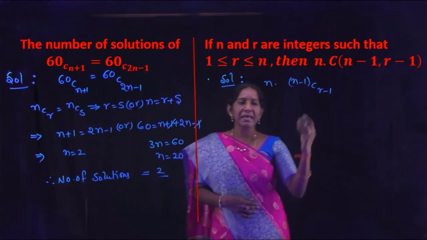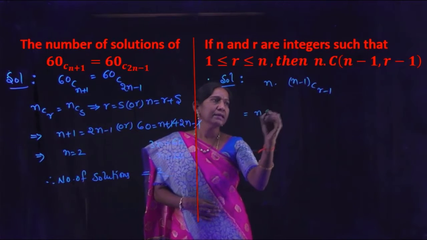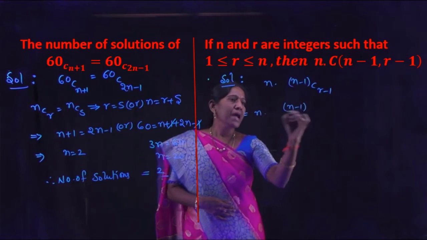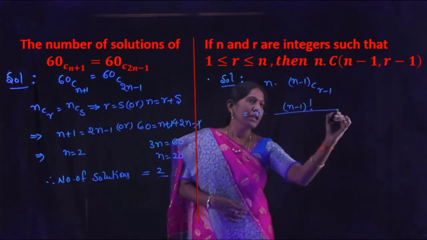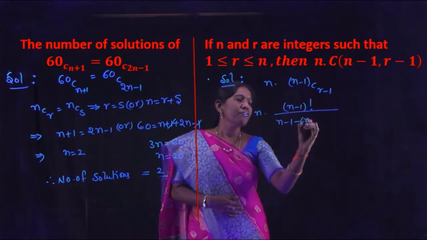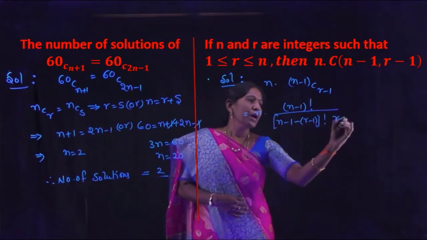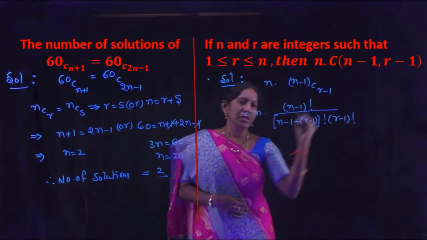Now, by applying the nCr formula here, we can write n into (n minus 1) factorial by (n minus 1 minus (r minus 1)) factorial into (r minus 1) factorial.